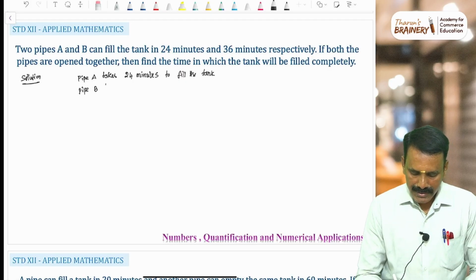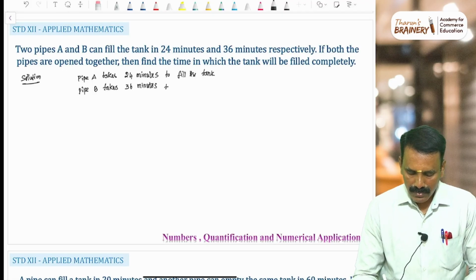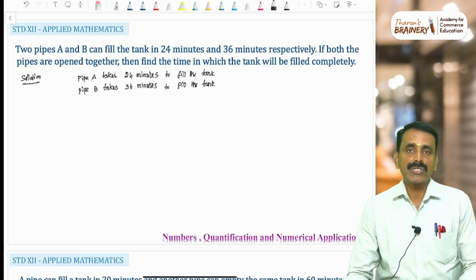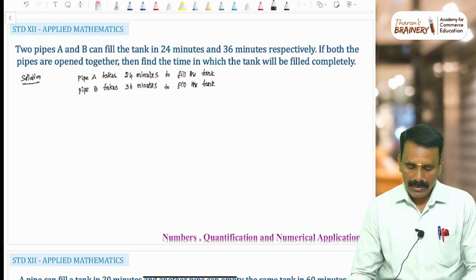Pipe B takes 36 minutes to fill the tank. They are given the time in minutes, so we are going to do the calculation also in minutes only.